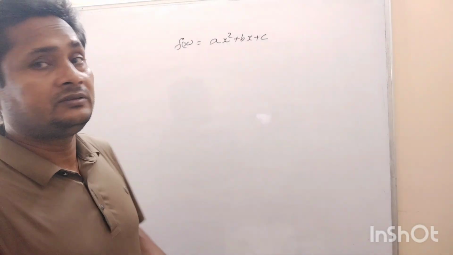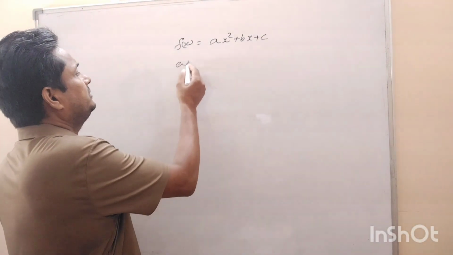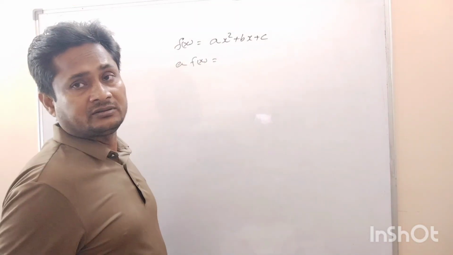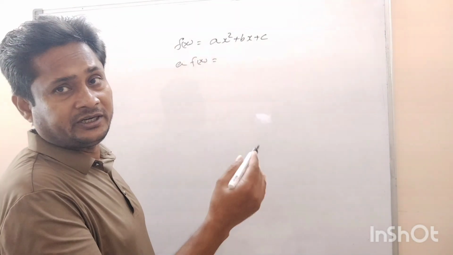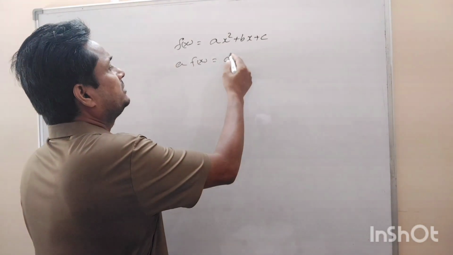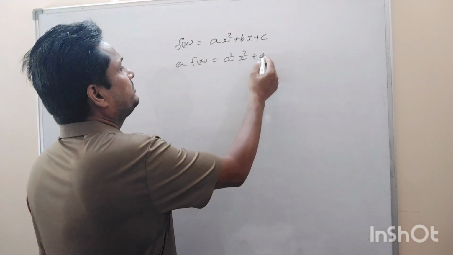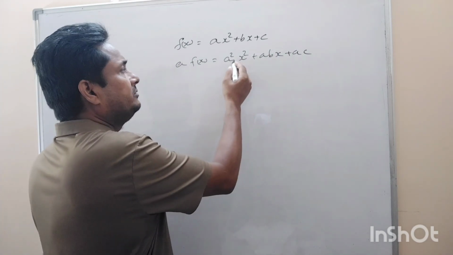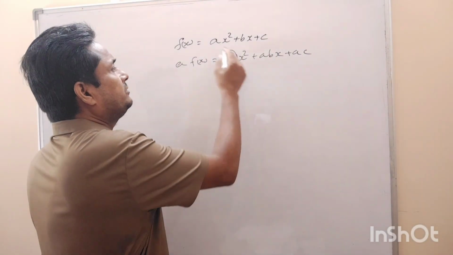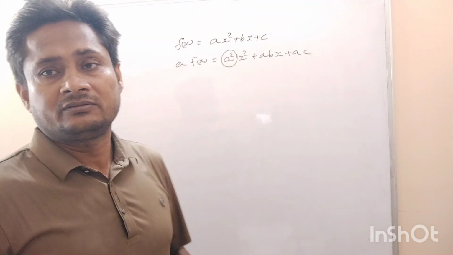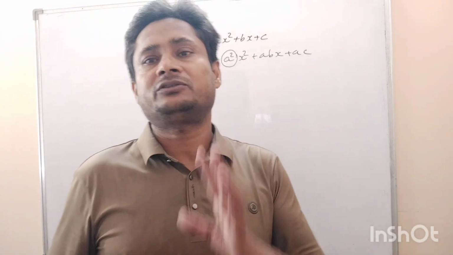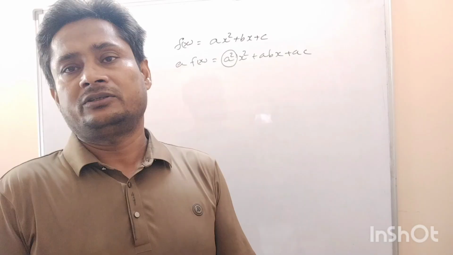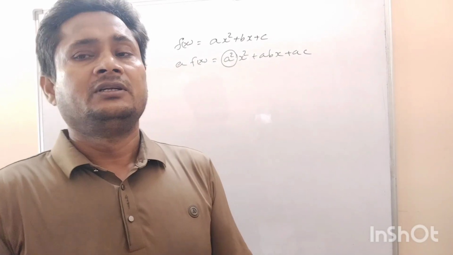Now if we multiply both sides by a, then it will be a square x square plus abx plus ac. And in this case, the coefficient of x square is positive, because it is a square, and a square will always be positive because a is a non-zero number.